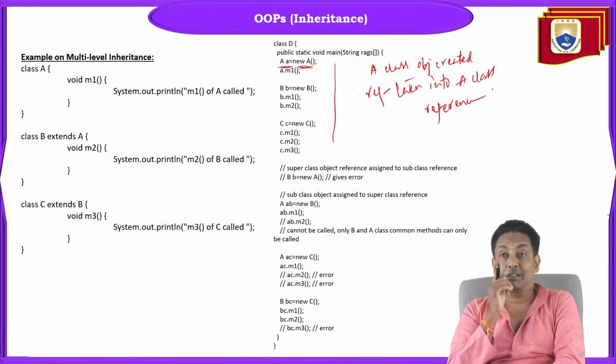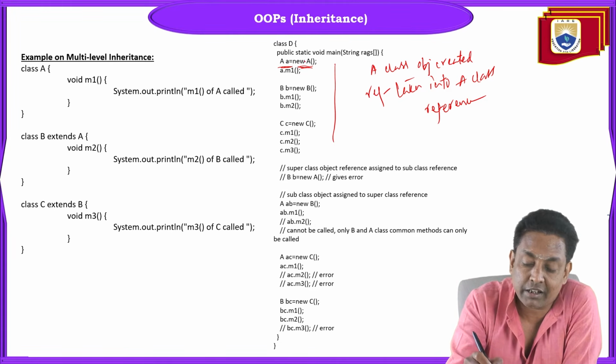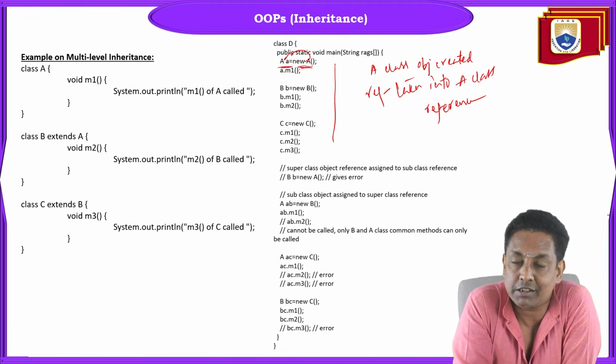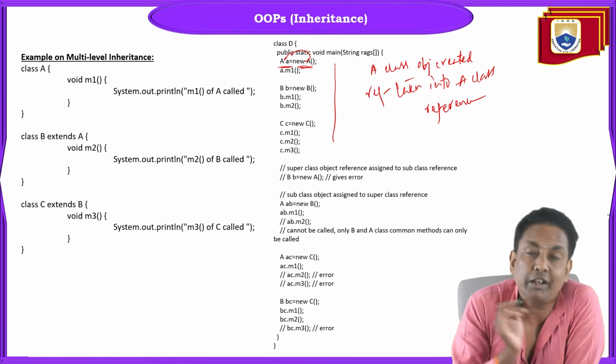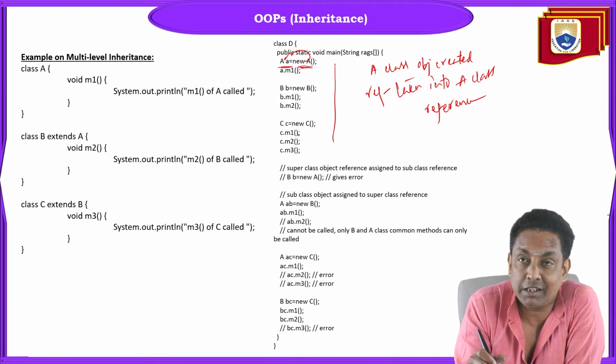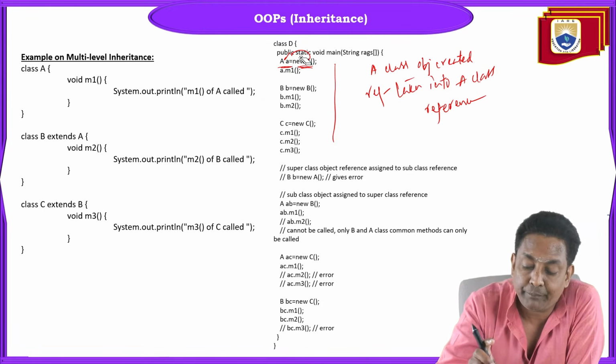Do I need to tell this? Specifically, yes. An A class object can be taken only into A. A B class object can be taken into B and A. C can be taken into C, B and A. So we'll see the difference.